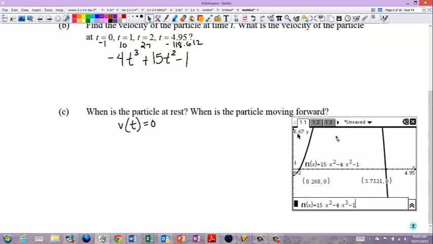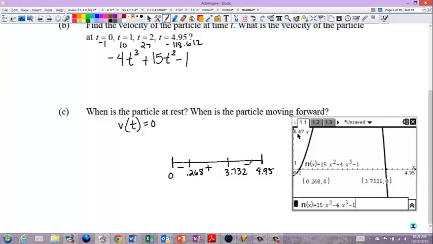So this is my velocity graph. If I do a sign graph, based on that, I've got 0 and 4.95. My two zeros are 0.268 and 3.732. It is below the x-axis, above the x-axis, below the x-axis. So when is it moving forward?